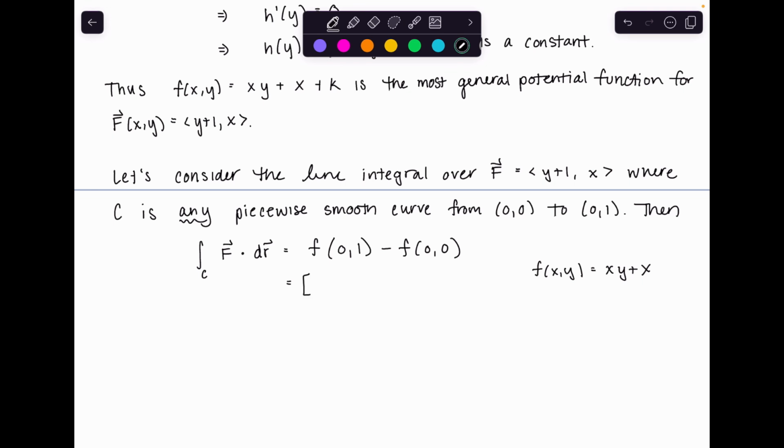If I plug in 0, 1, that gives me 0 times 1 plus 0, and if I plug in 0, 0, 0 times 0 plus 0, this is overall equal to 0. So this confirms our results from the first example.